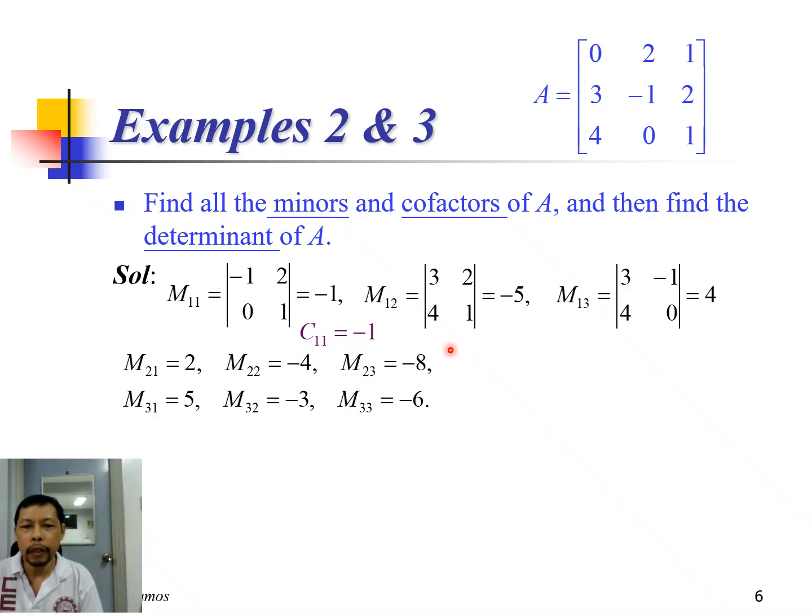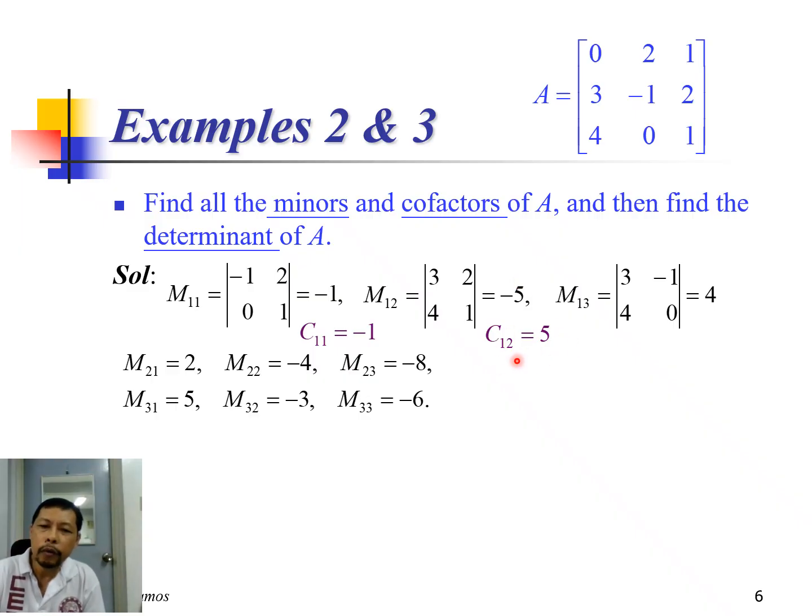Do that also for the second element, A12. The cofactor of element A12 is equal to negative 1 raised to 1 plus 2, or negative 1 raised to the third power, which is negative 1, times the minor of 1, 2, which is negative 5. So negative 1 times negative 5 is equal to 5.